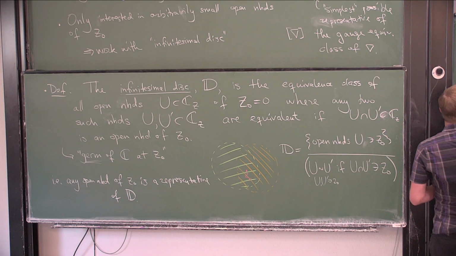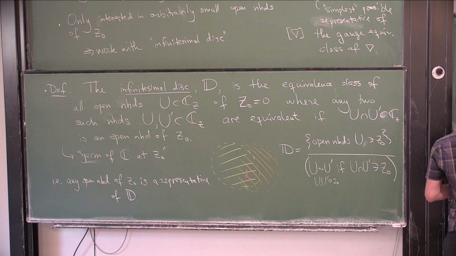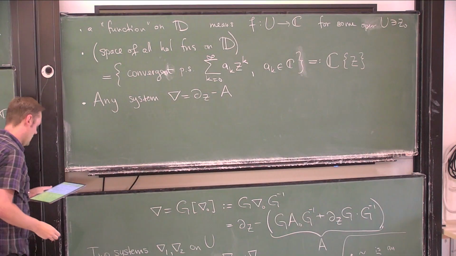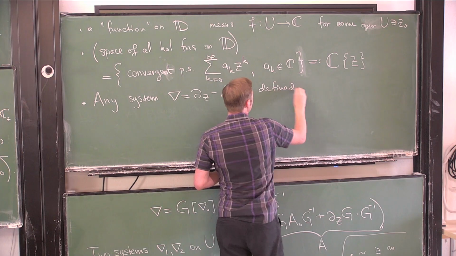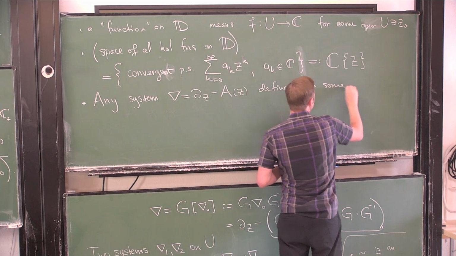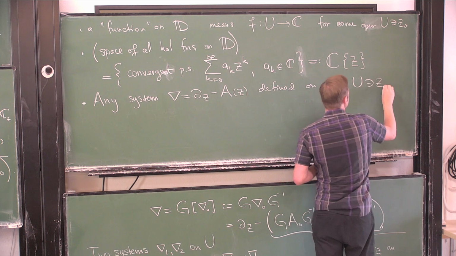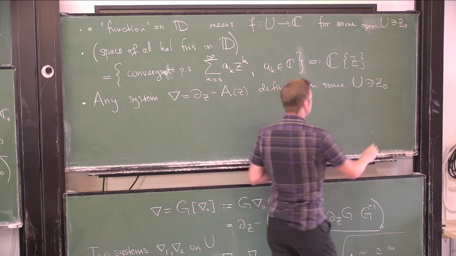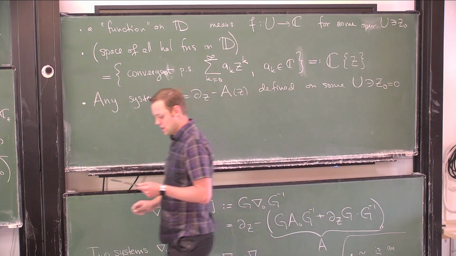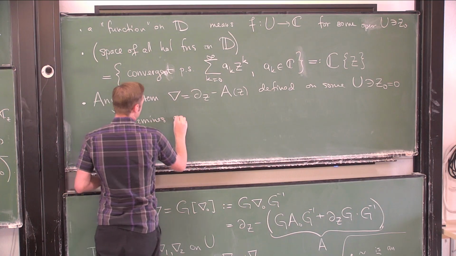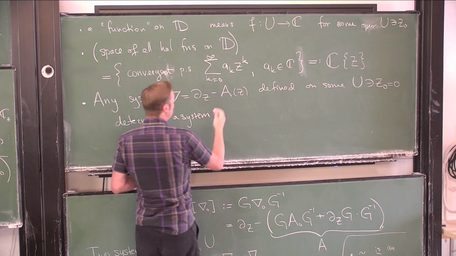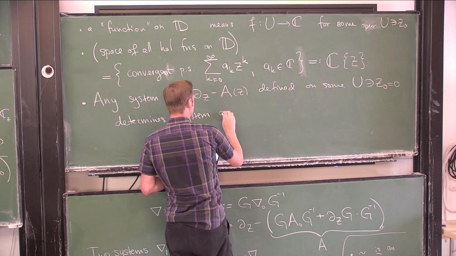And similarly, if I have a system, any system, you know, nabla, del_z minus A(z), defined on some open set containing the special point that I'm interested in, which I always put at 0, determines a system on the infinitesimal disk.